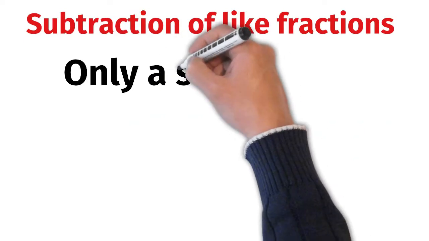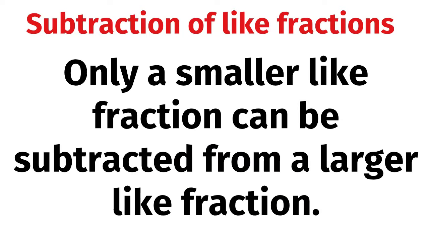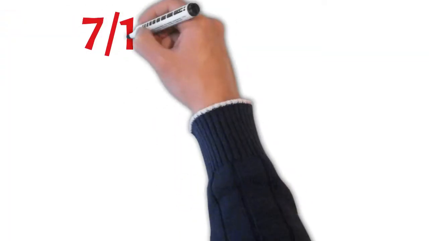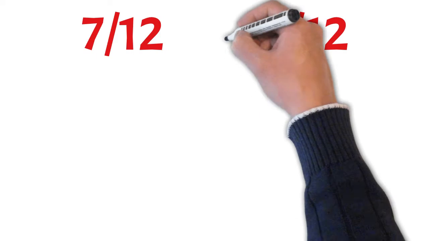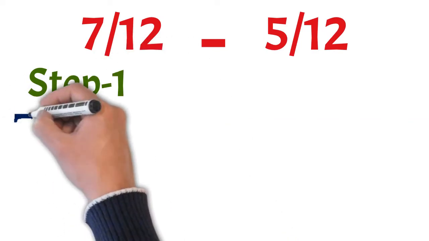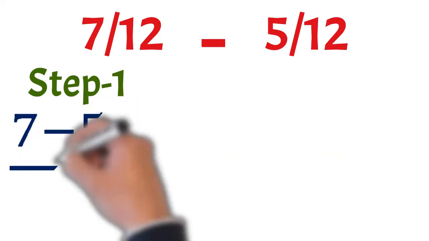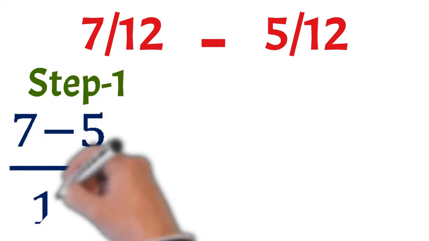Now, regarding subtraction, only a smaller like fraction can be subtracted from a larger like fraction. For example, 7 by 12 and 5 by 12. Here we can only subtract 5 by 12 from 7 by 12, but not the reverse. That is 7 by 12 minus 5 by 12. In step 1, we have to subtract the numerator of the smaller fraction from the numerator of the larger fraction, and the denominator will remain the same.